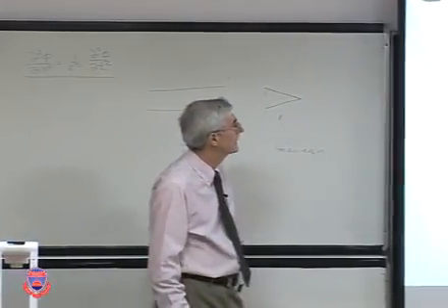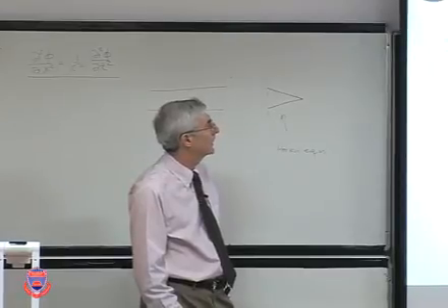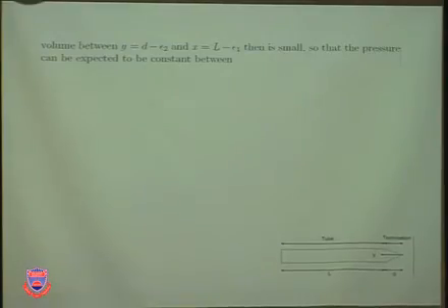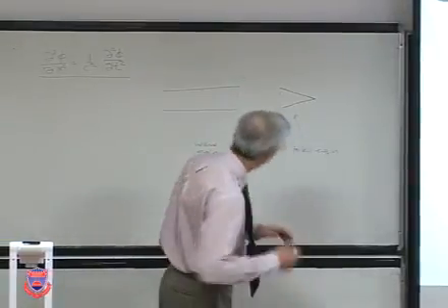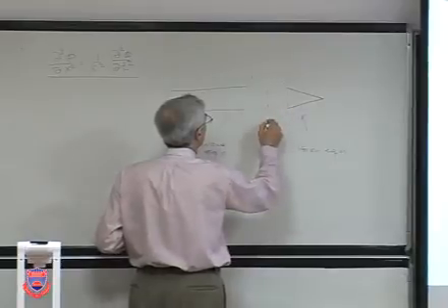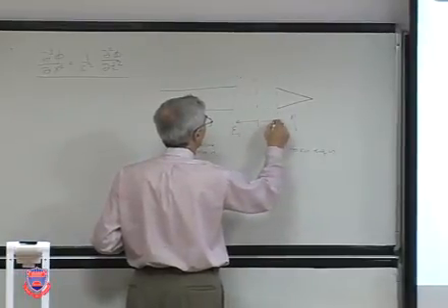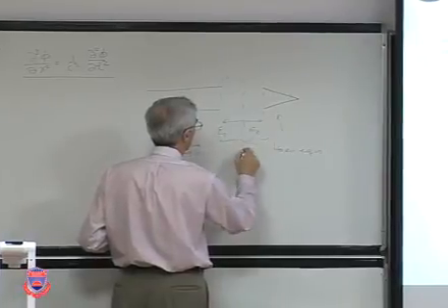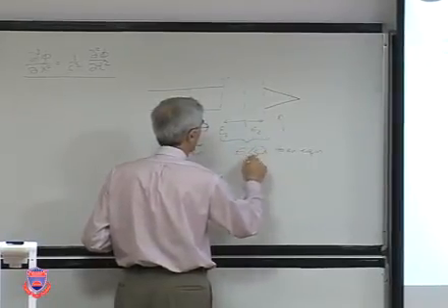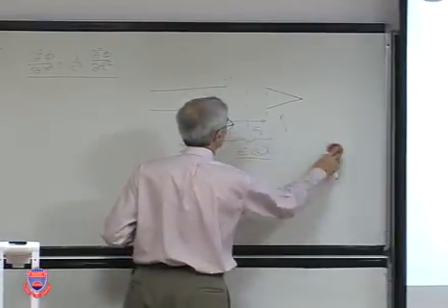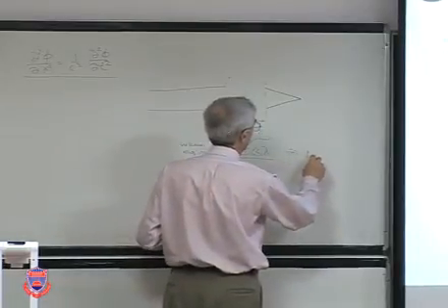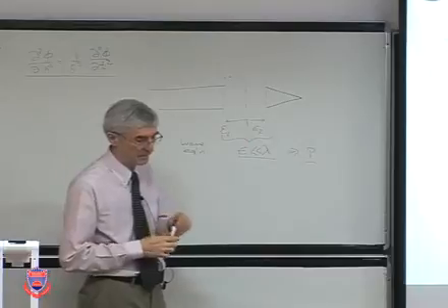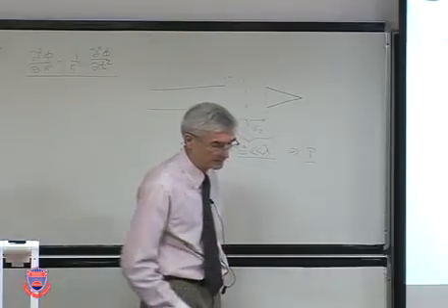The volume between epsilon 2 on one side and epsilon 1 on the other side is so small, much less than lambda, that we assume the pressure is uniform in that area. That's the major assumption here.